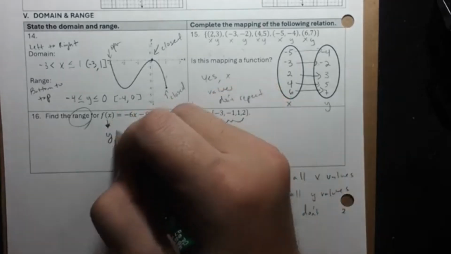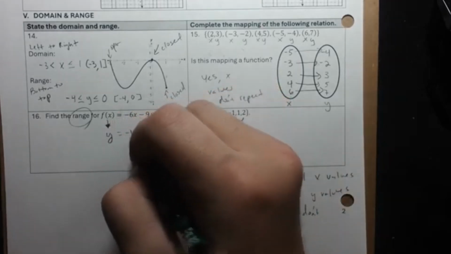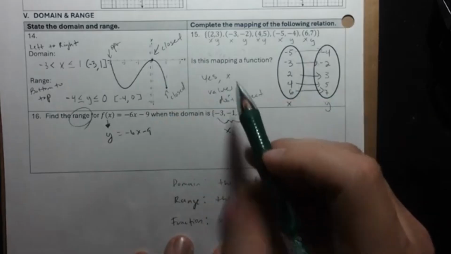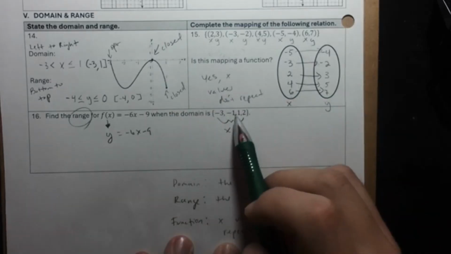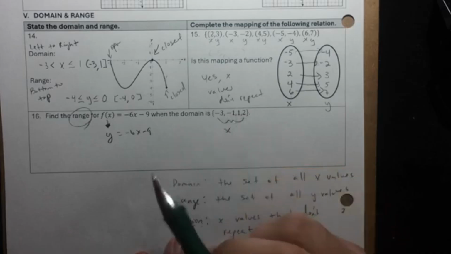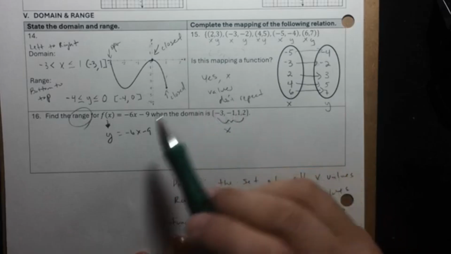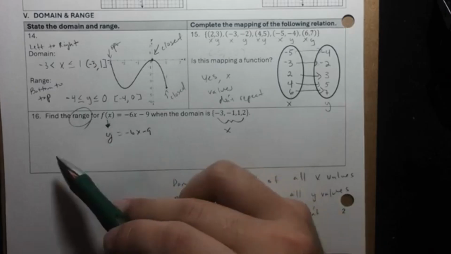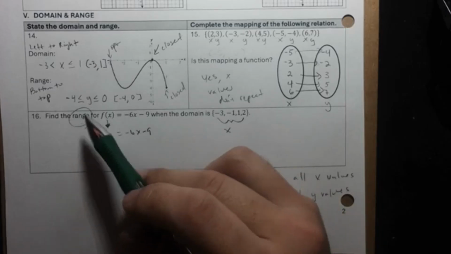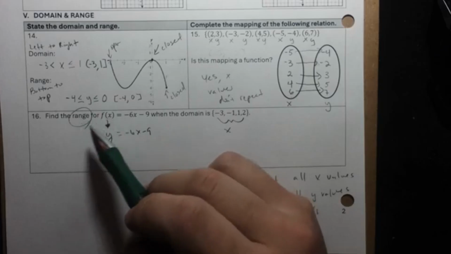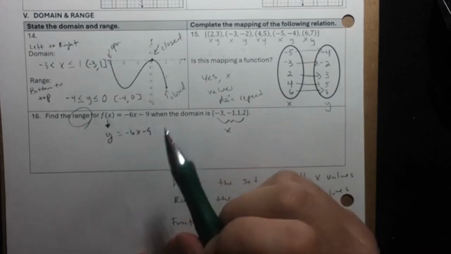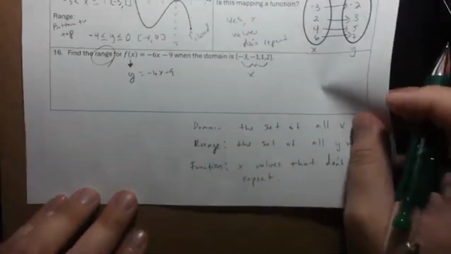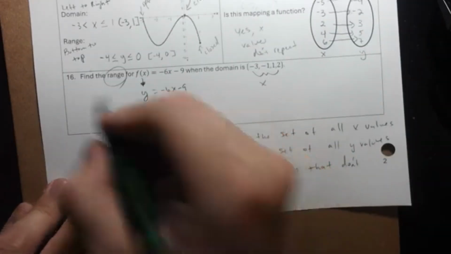So y is equal to -6x minus 9. All I need to do is replace x with each of these numbers in our domain. Once I input the x values, it's going to spit out the y values, which will be part of our range, okay? So let's go ahead and start plugging things in.